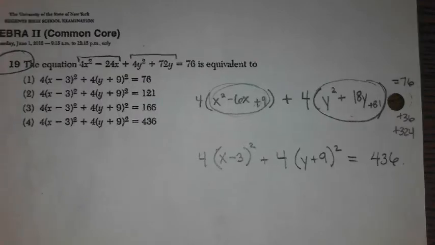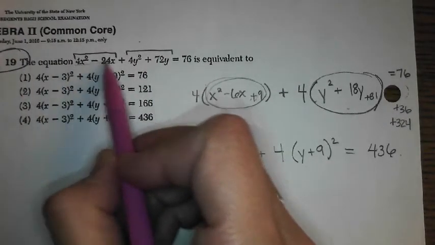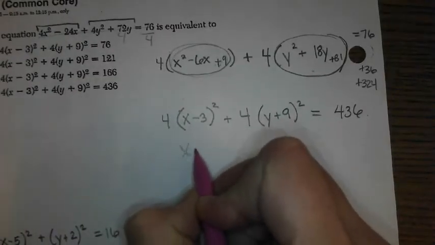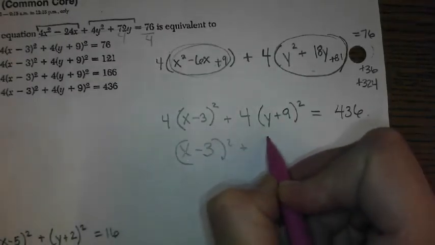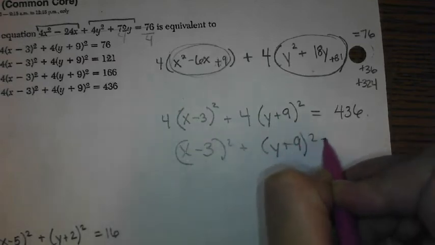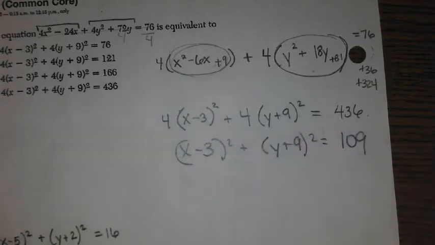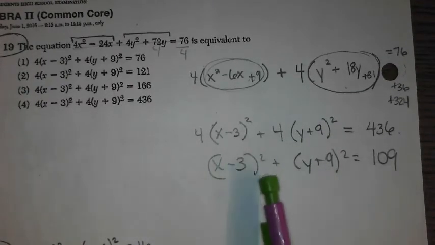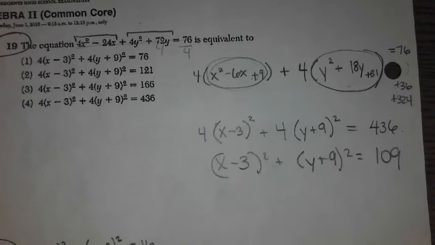Quick question for you. If we had divided both sides by 4 from the start, we would have gotten this. Don't move, Brayden. Okay. Divide by 4, you get 109. What's the difference between this circle and the one that's been multiplied by 4?